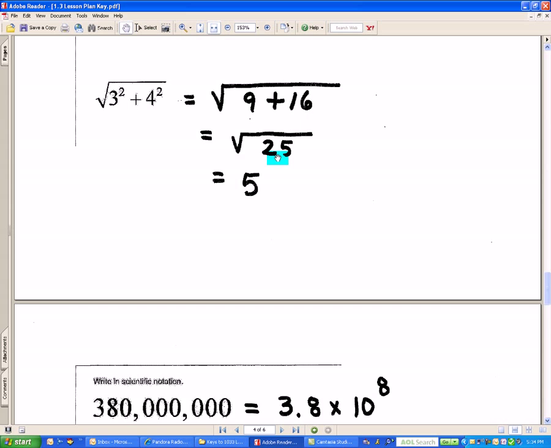Now the correct step to finish the problem is to evaluate. The square root of 25 gives me the answer positive 5. So with radicals you want to work what's under the radical first as though it were all by itself, work it all, get that answer, and then apply the radical to it.